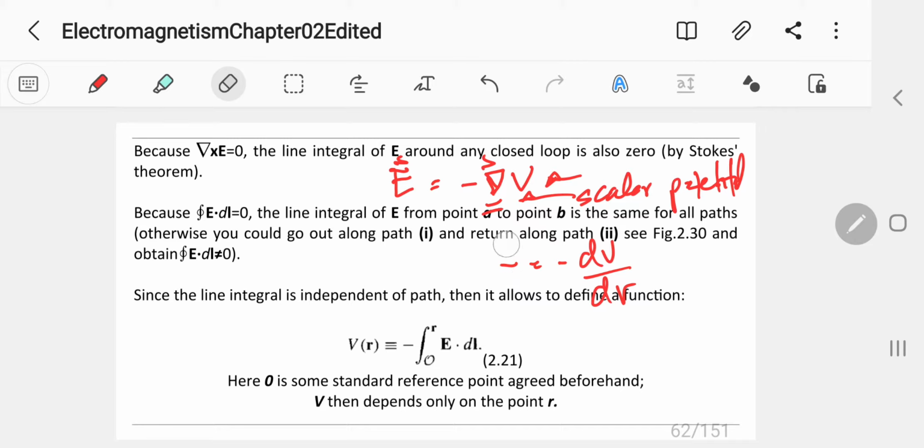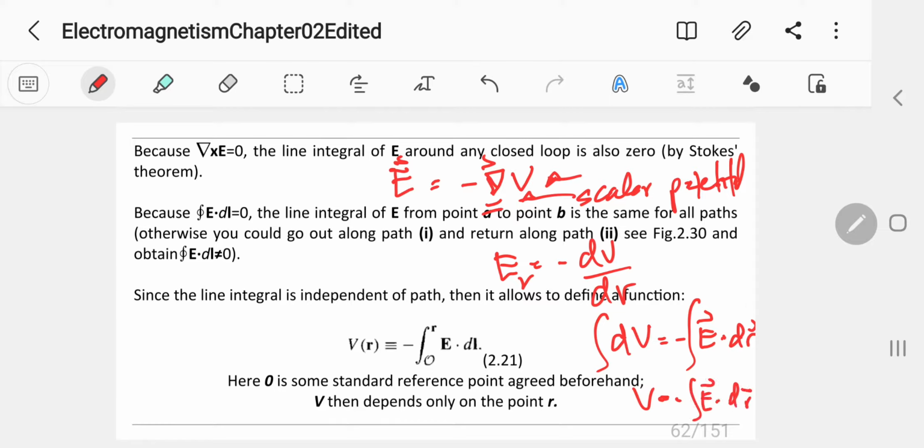So your dV would just be negative E dot dr. If you take the integral of this and then the integral of that, it will give you V equal to negative integral of E dot dr.